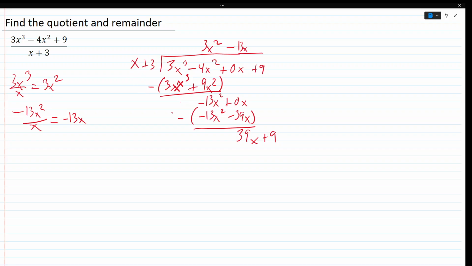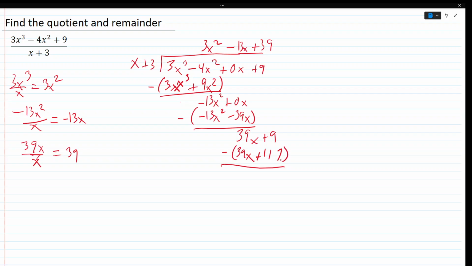And then divide that 39x by the x. And we get 39, so that'll be the last term in our quotient. And then multiply the 39 times the x plus 3, so 39 times x will be that 39x. And then 39 times 3, let's see, so that'll be 117.